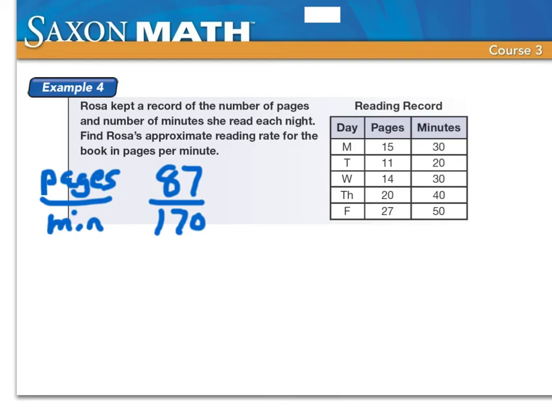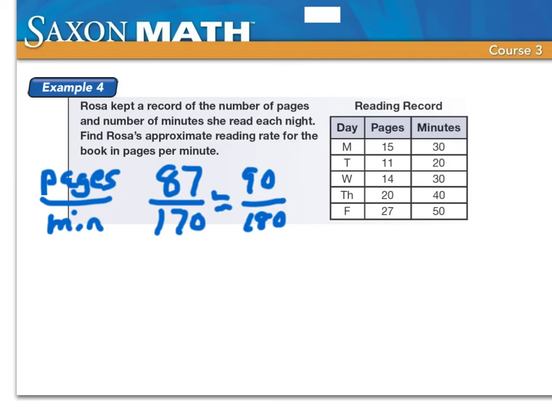Well, we want to approximate, so we want numbers that are easy to work with that go into each other. So 87 we could round to 90, but 90 doesn't go into 170, it goes into 180. So we're going to approximate that.